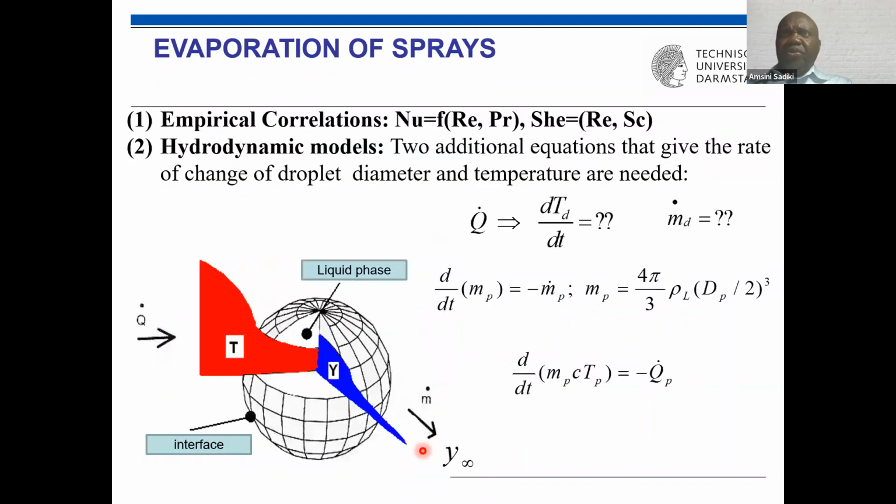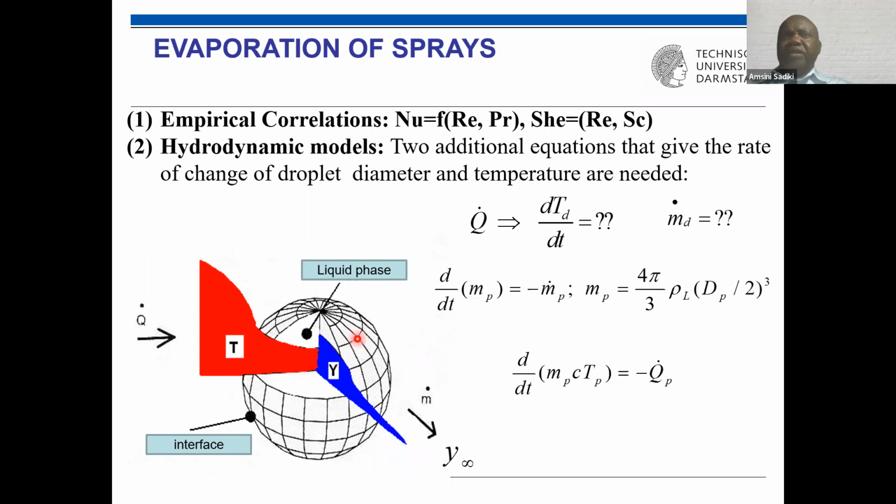Good. Now the second way to deal with this is to use the so-called hydrodynamic models. For that, we will solve additional equations that give the rate of change of droplet diameter and temperature.